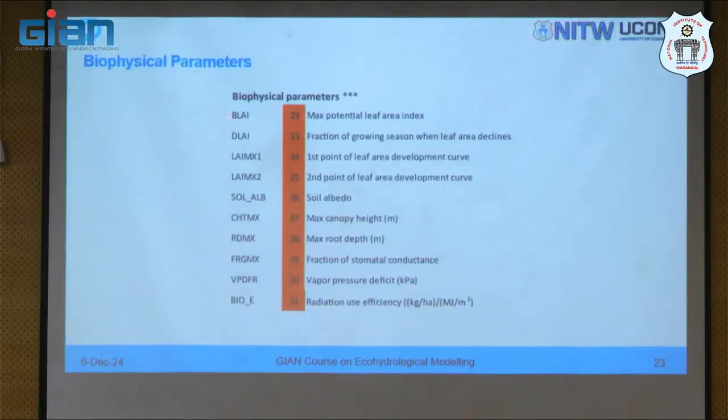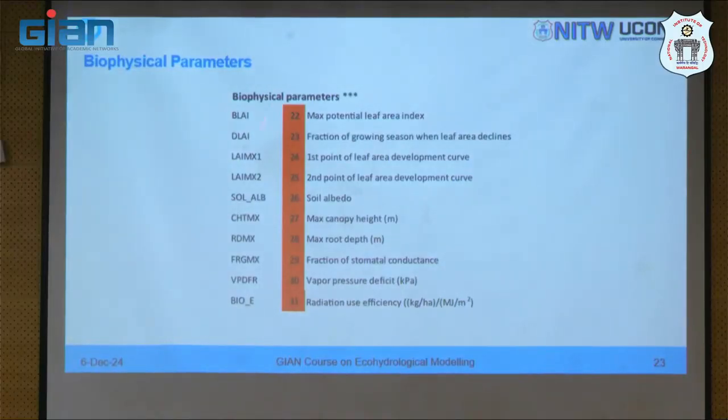This was followed by considering the biophysical parameters. These parameters we have seen yesterday, remember? In the database. Yes? BLAI, maximum potential leaf area index. DLAI, fraction of growing season when leaf area declines. LAIMX1, first point on the leaf area development curve. So on and so forth. Maximum rooting depth, maximum canopy height, fraction of stomatal conductance, vapor pressure deficit, and radiation use efficiency.